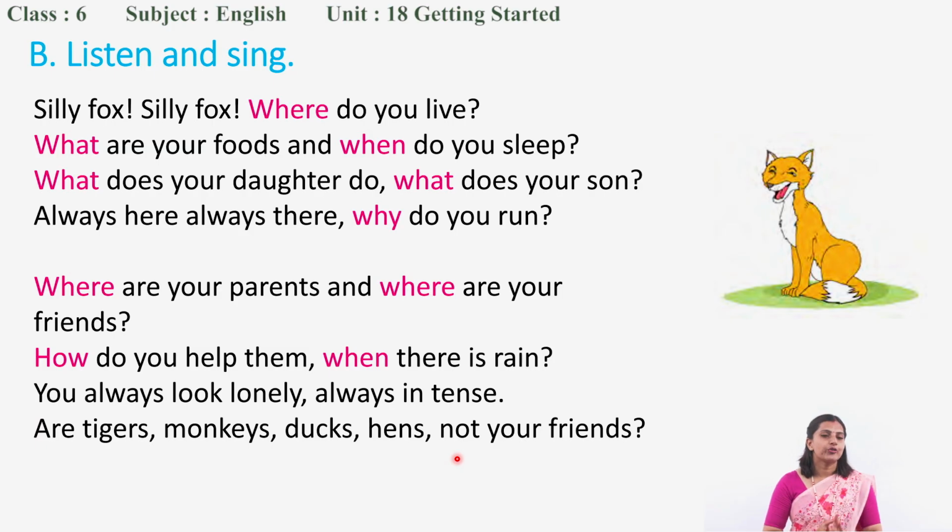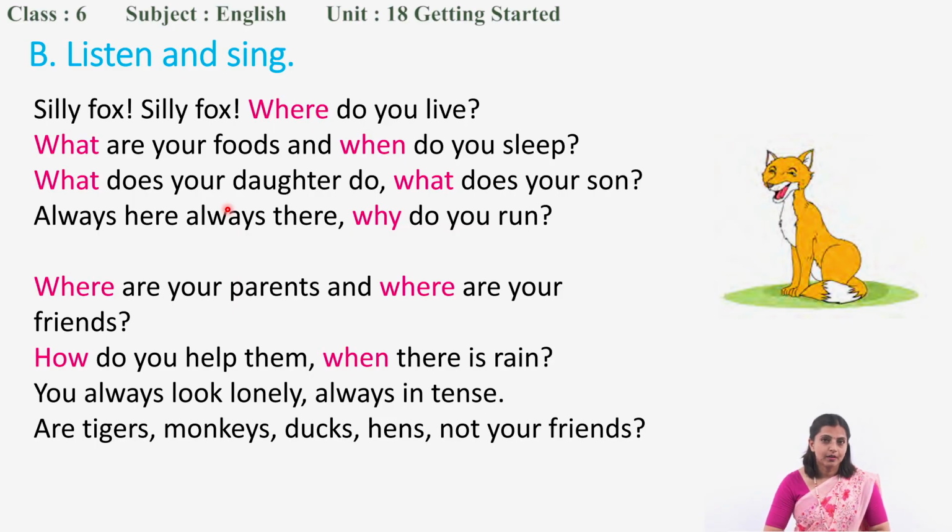Okay, that's good. Very good. Okay, so now let's see what does it actually mean. Silly fox, silly fox. What do you mean by silly? Silly means foolish. So foolish fox. Is a fox a foolish animal?